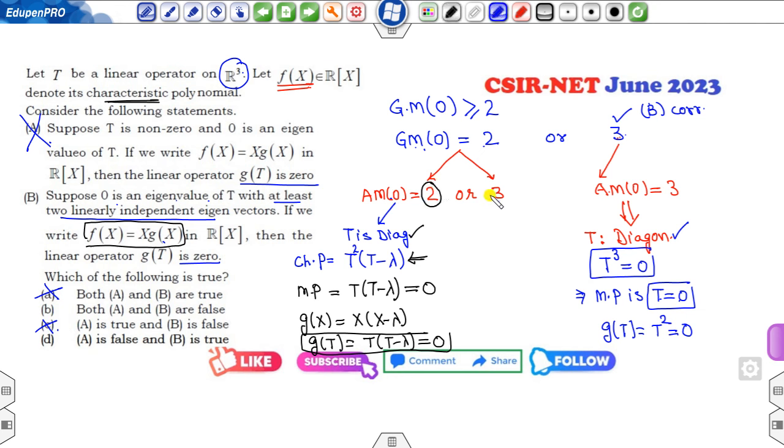Look at this case, when the algebraic multiplicity of 0 is 3 and the geometric multiplicity of 0 is 2.